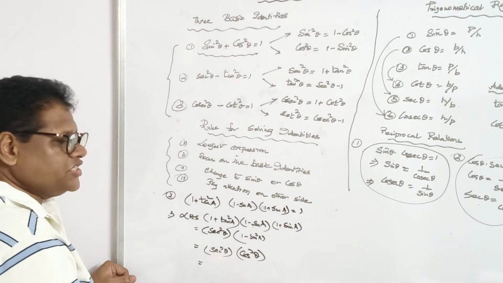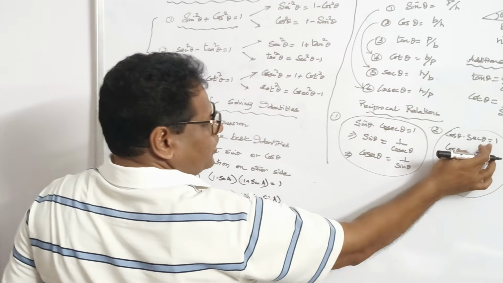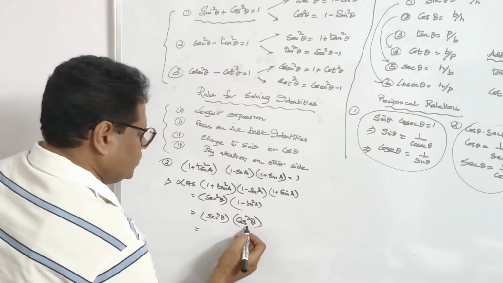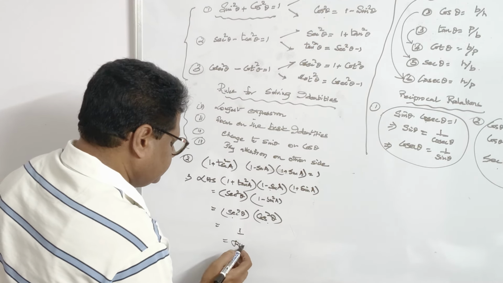While discussing the reciprocal relations, we have seen that cos into sec is equal to 1. So sec square theta into cos square theta is 1. This is equal to RHS.